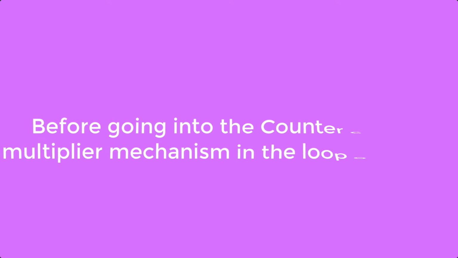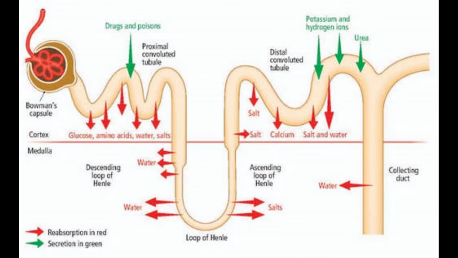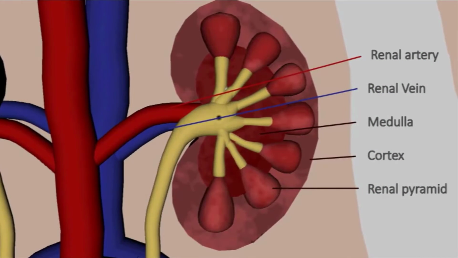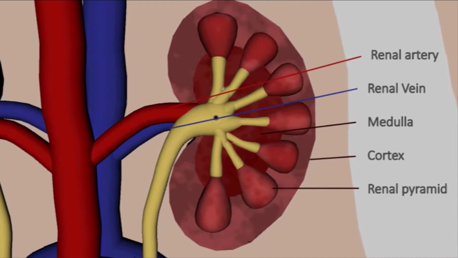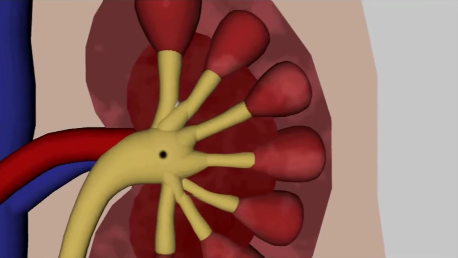Now, we are going to study the countercurrent multiplier mechanism in the loop of Henle. Before going into it, we have to know about the structure of the loop of Henle. Each nephron consists of a Bowman's capsule. The Bowman's capsule proceeds further into the proximal convoluted tubule.